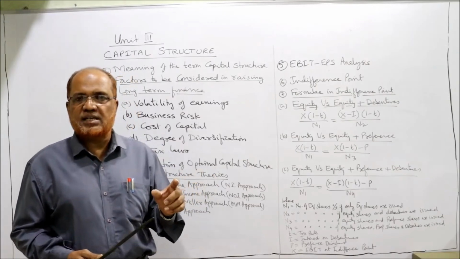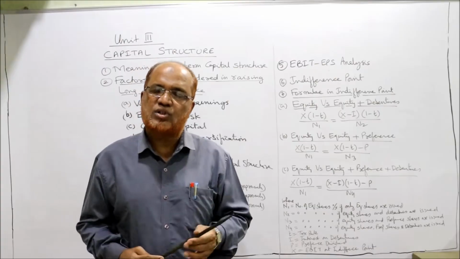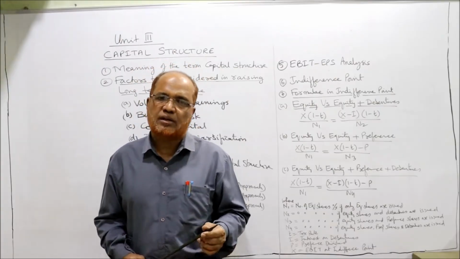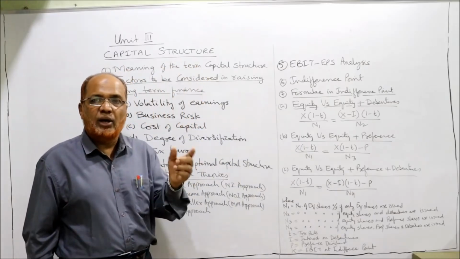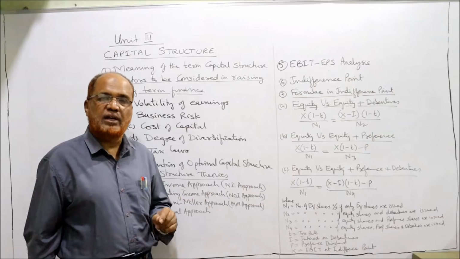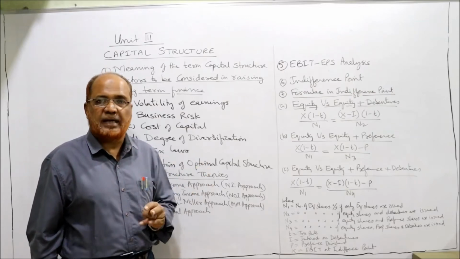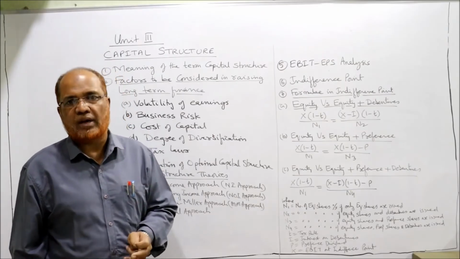So this theory states that if we change the capital structure, it will have the effect of changing the market value of the firm. It will affect the overall cost of capital. According to this theory, the cost of debt will be lower than the cost of equity. So a firm must employ more long-term debt to reduce the overall cost of capital.